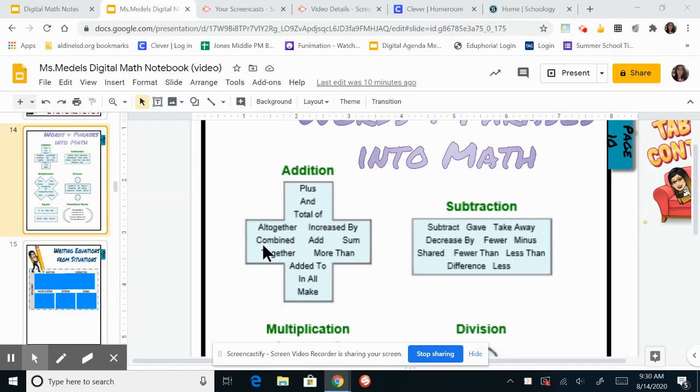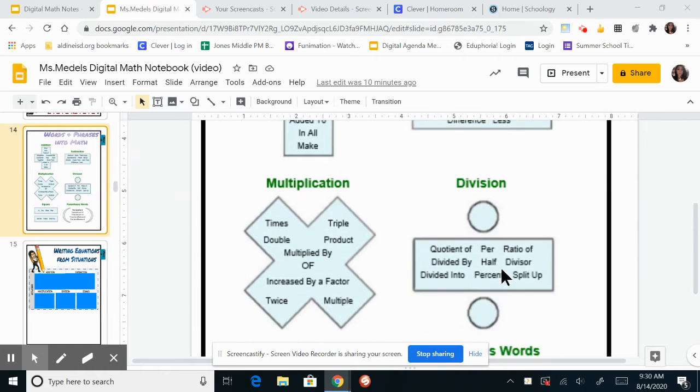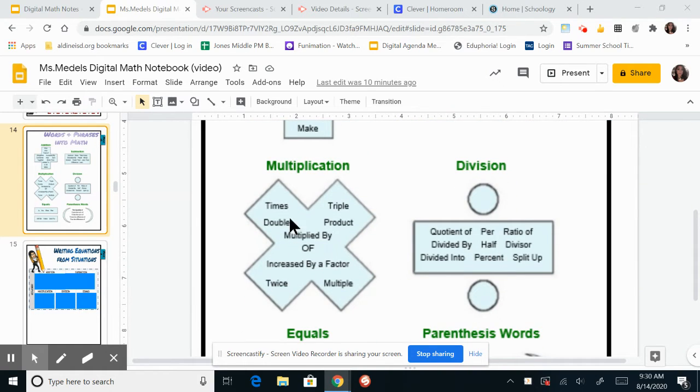Of course, addition, we have words like plus and total, combine. Subtraction, we're subtracting, we're decreasing, we're sharing, there's a difference. Multiplication, we're multiplied, we're increased by factors, multiples, product is a good one.